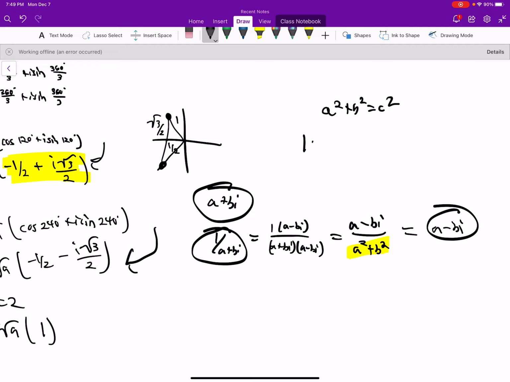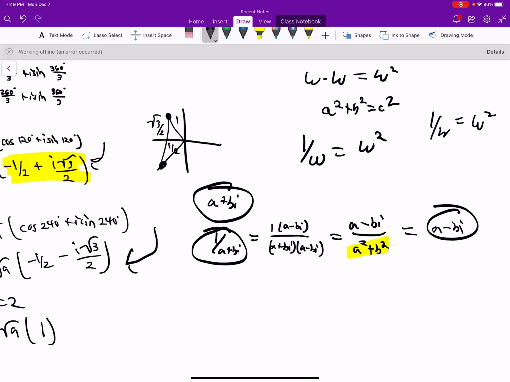So 1 over omega is omega squared. Hopefully you see that connection. So you could get to omega squared 2 ways. You could take omega and multiply it by omega and get omega squared, or the inverse of omega is also omega squared.